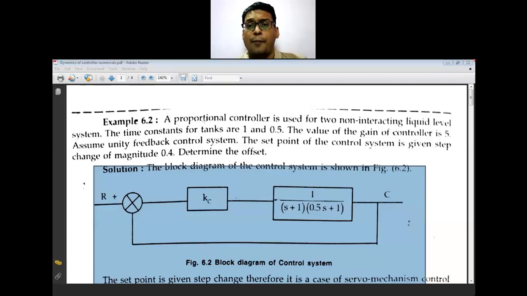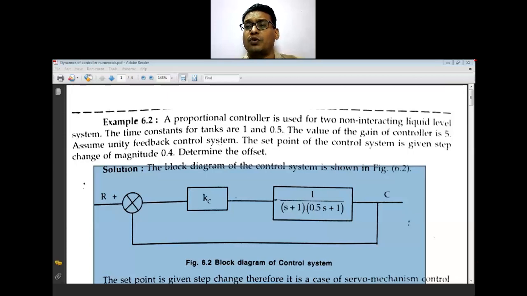A proportional controller is used for two non-interacting liquid level systems. The time constants for the tanks are 1 and 0.5. The value of the gain of the controller is 5. Assume a unity feedback control system.